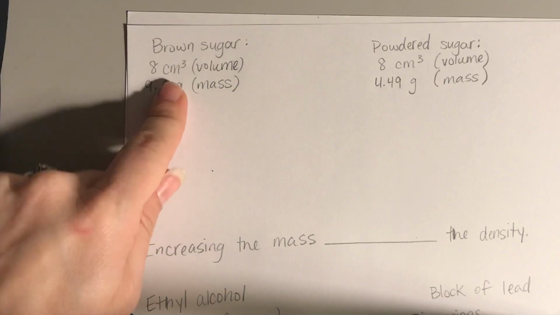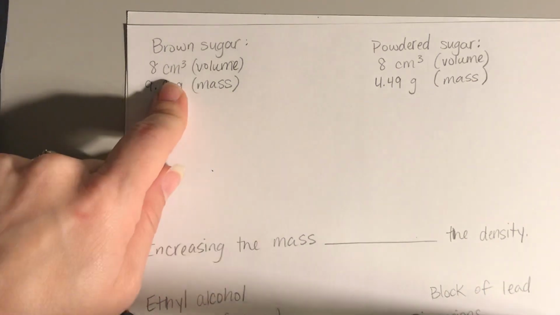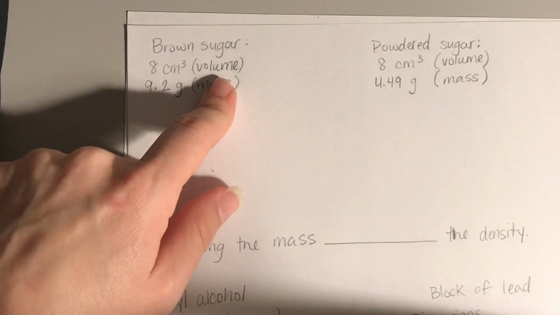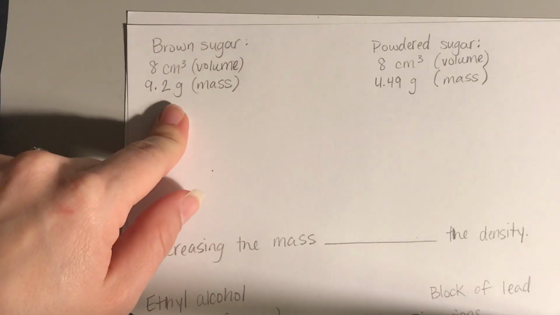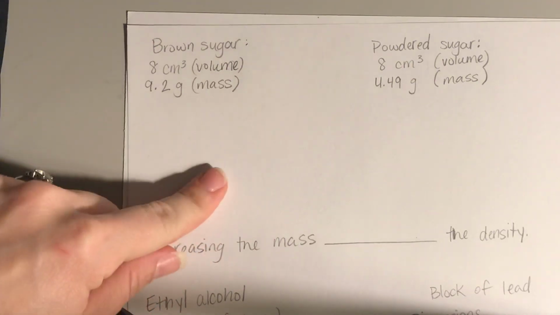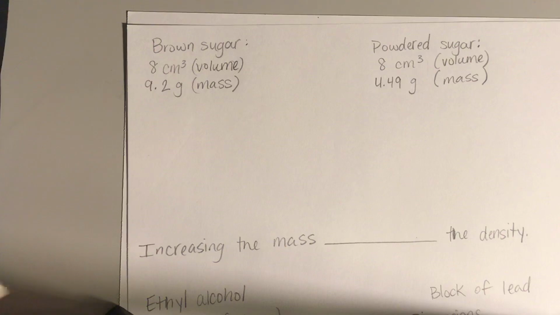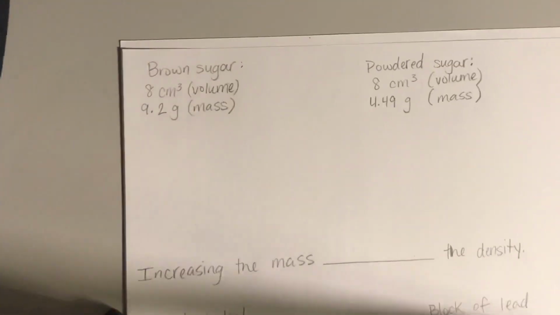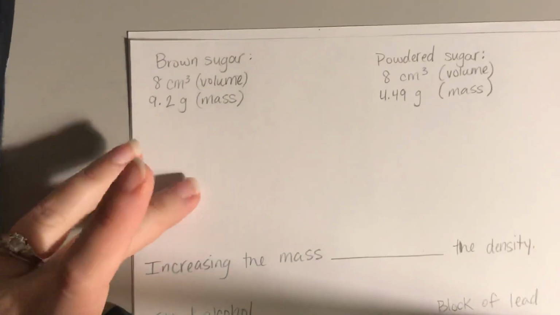Anytime we're talking about cubic units, that's the volume. And the mass is how much something weighs. I know in science you learn a different definition for mass, but for our purposes, we can think of mass as weight.